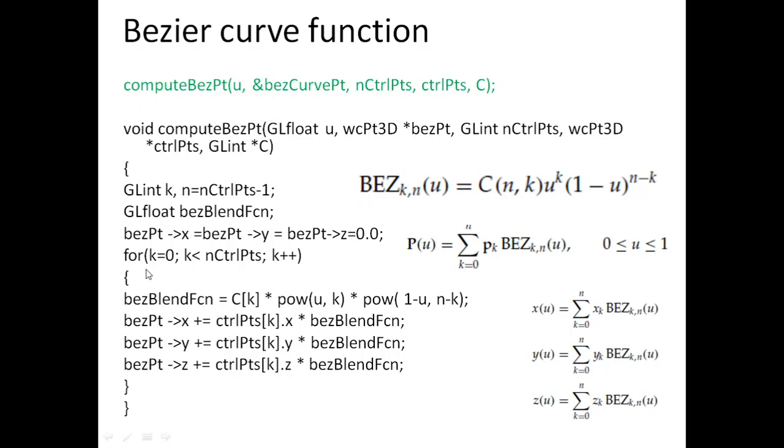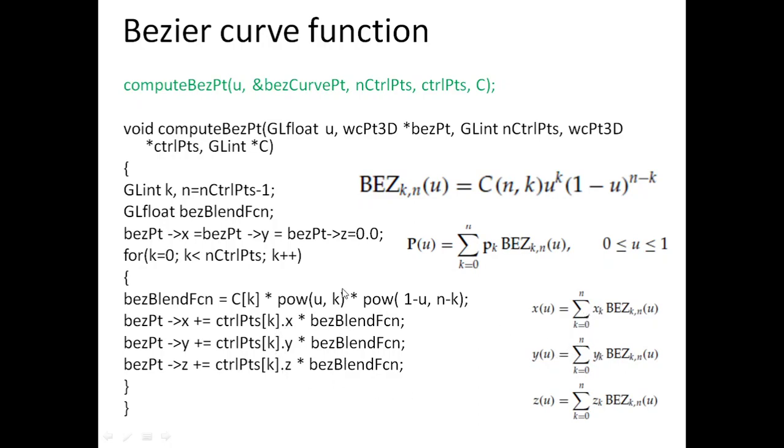Now let us take an example of the first point. For the first point, based on the 4 control points, where is the position of the next point? That is calculated here. So the Bezier blending function equals the formula you know, C of n comma k here, u power k here, then 1 minus u power n minus k, that is given here. And this blending function will be multiplied with the points x, y, z.